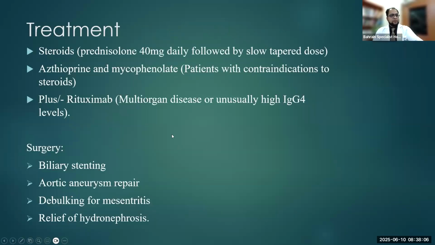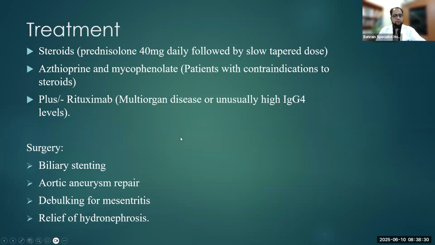So coming to the treatment strategies, most of the cases respond to steroid, basically with prednisolone 40 milligram followed by a slow taper dose. Those cases in which steroid is contraindicated have to be treated with azathioprine and mycophenolate. And whether to add rituximab or not has to be decided based upon the response to these treatment strategies with steroid.